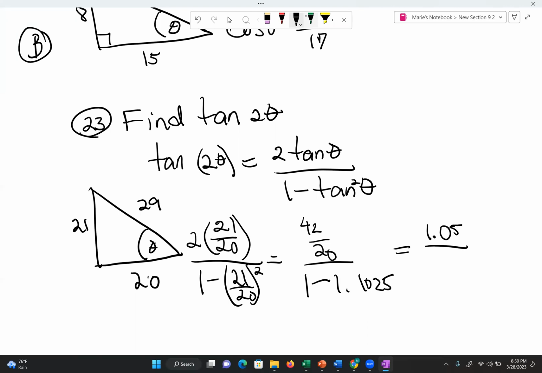And I'm dividing this by 1 minus 1.025, which gives me 0.025. So let's see what this breaks down to. There's many ways you can approach this. I'm just taking the precautionary way, which most of you will. So in this one, it looks like our answer choice should be A. It should be 840.